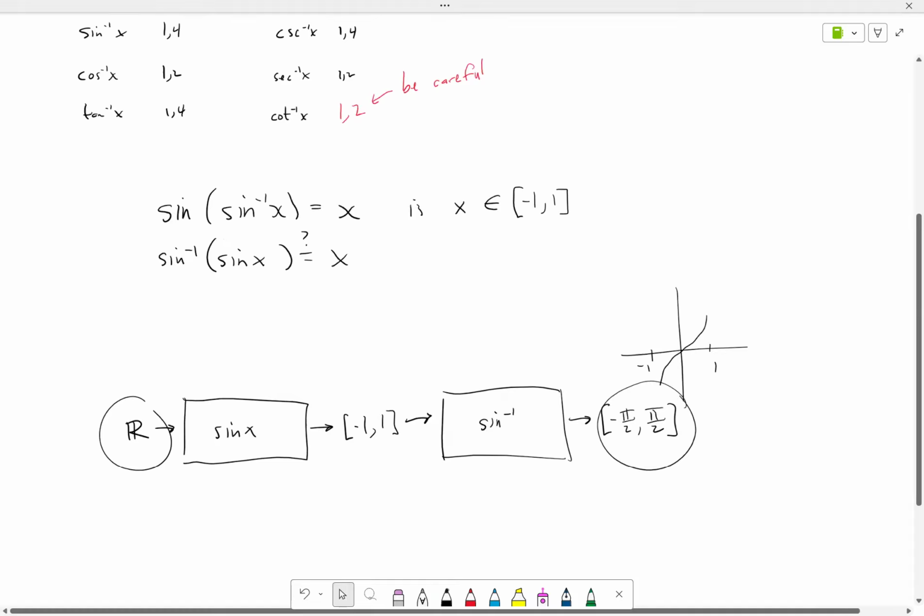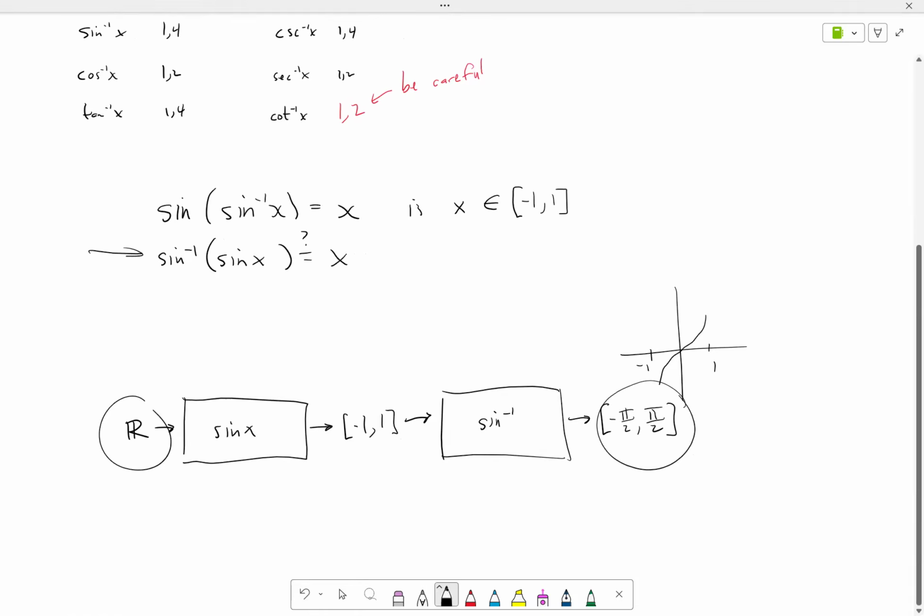So the only time that this will be true is if we don't plug in just any number, but we plug in numbers between, if x is between -pi/2 and pi/2. I'm just trying to tell you when sine and sine inverse cancel. And it's more of a workflow issue. Again, don't memorize this, and we're going to work through some problems to help you with it.